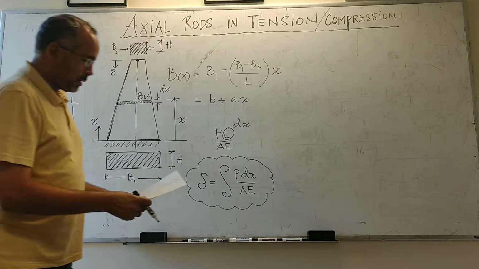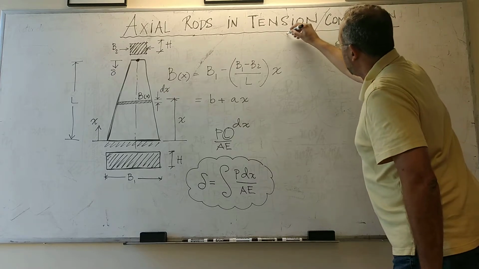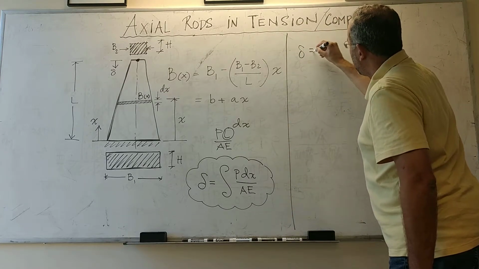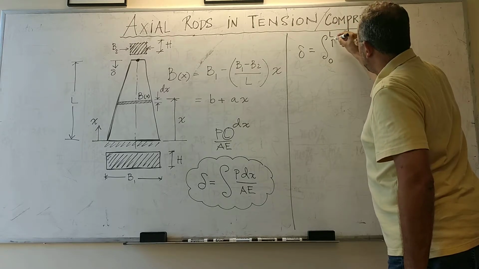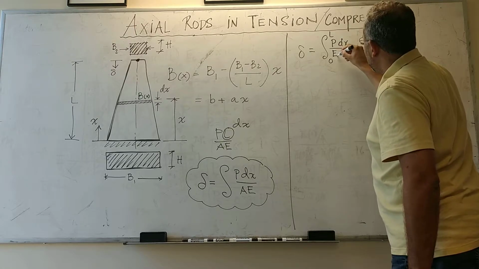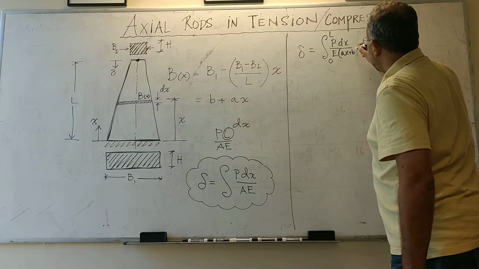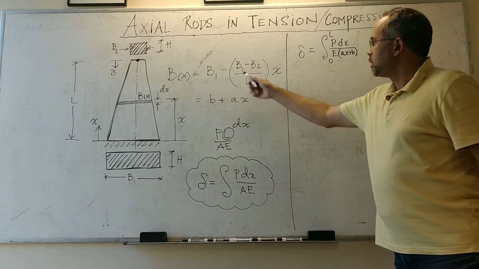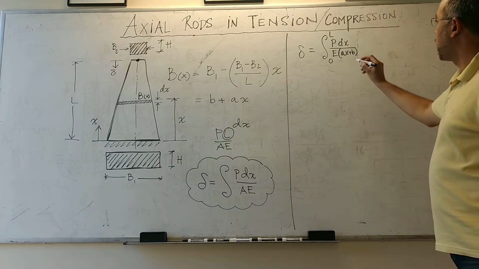So let's write it down here. Basically, delta is the integral from 0 to L of P dx divided by E times (ax plus b). It's the generic form of the variation of the area, right?